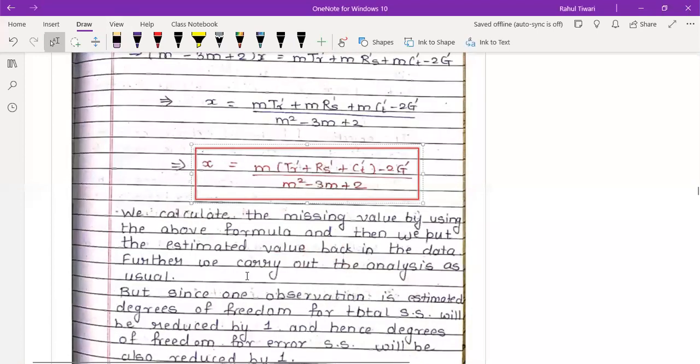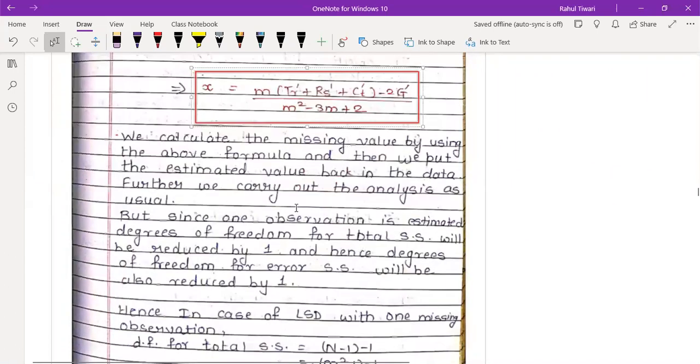And as far as degree of freedom is concerned, whole analysis is same. Since one observation is estimated, like one observation is missing, total में से हम one observation reduce करेंगे. देखो यहाँ पे लिखा है, we will reduce one observation from the total.